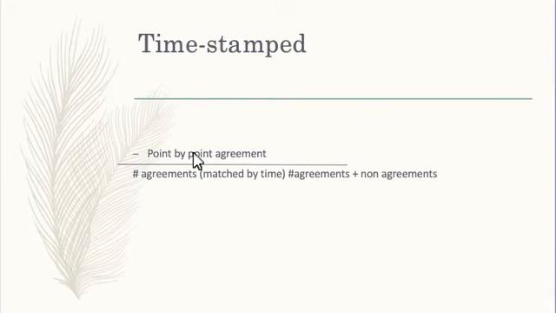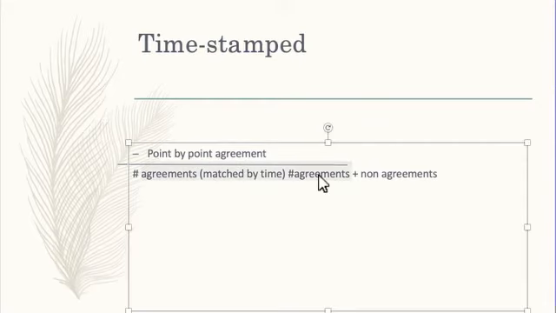Then we divide the point by point agreement by the number of agreements plus the non-agreements. So in essence, the total number of agreements that we could have had. If we went for 10 minutes, we would have a total number of agreements that we could have had, and then we have the point by point agreement, which is divided by that.